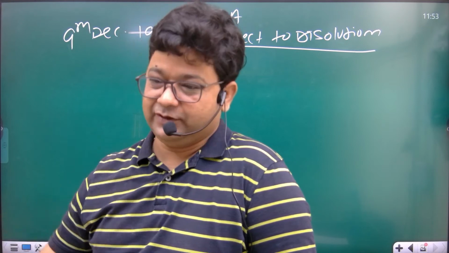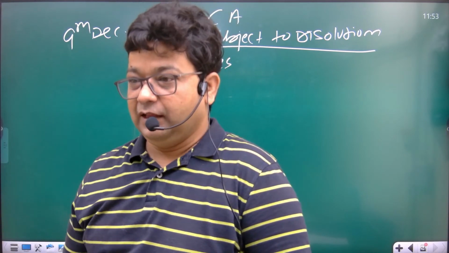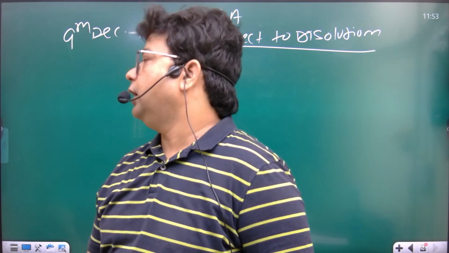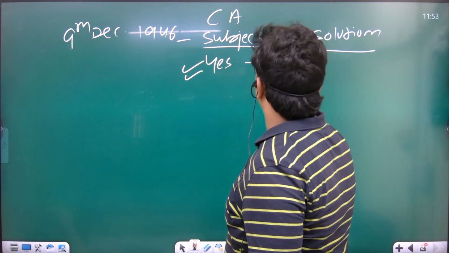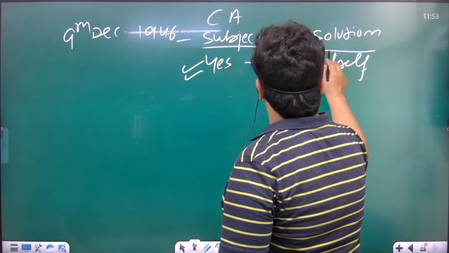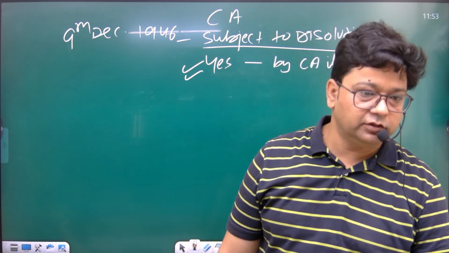ठीक है, चलिए next. Who has the power to dissolve? Okay, so we can say by the Constituent Assembly itself. So the Constituent Assembly itself can dissolve, or does anyone want to change?